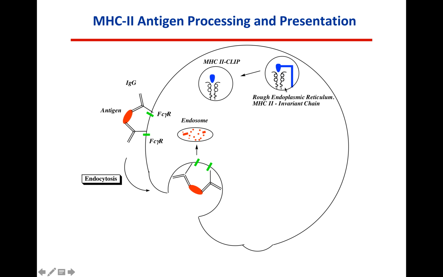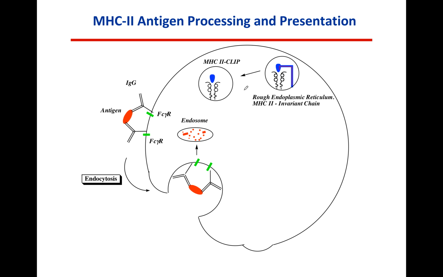Now there's another part of the cell referred to as the rough endoplasmic reticulum, in which this molecule MHC2 has been expressed, and it's expressed with what's referred to as an invariant chain. This molecule contains two chains, and we'll go into detail about this. This invariant chain here in blue binds into a binding pocket that we're going to see binds to a peptide later.